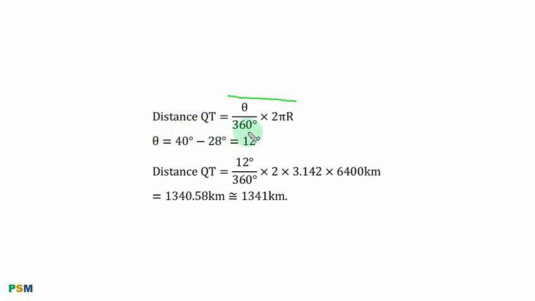You have to subtract to get their angular difference, and that is 12 degrees. You come here and replace all the parameters with what they stand for. You have this result. After simplification, you have this result. To the nearest whole number, the distance between Q and T is approximately equal to 1,341 kilometers.